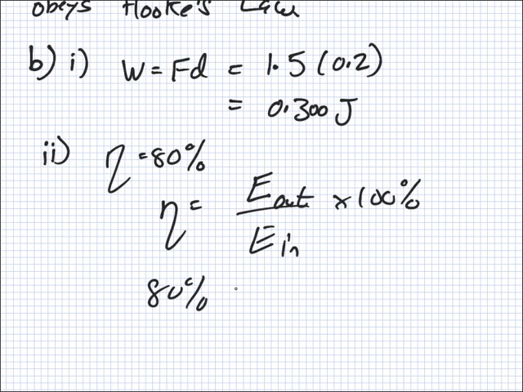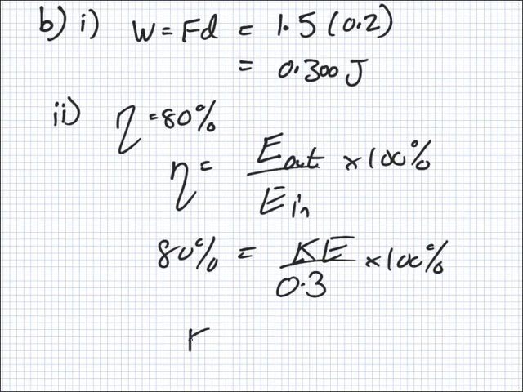So 80% equals kinetic energy over 0.3 times 100%. So when you solve this, you get 0.24 joules.